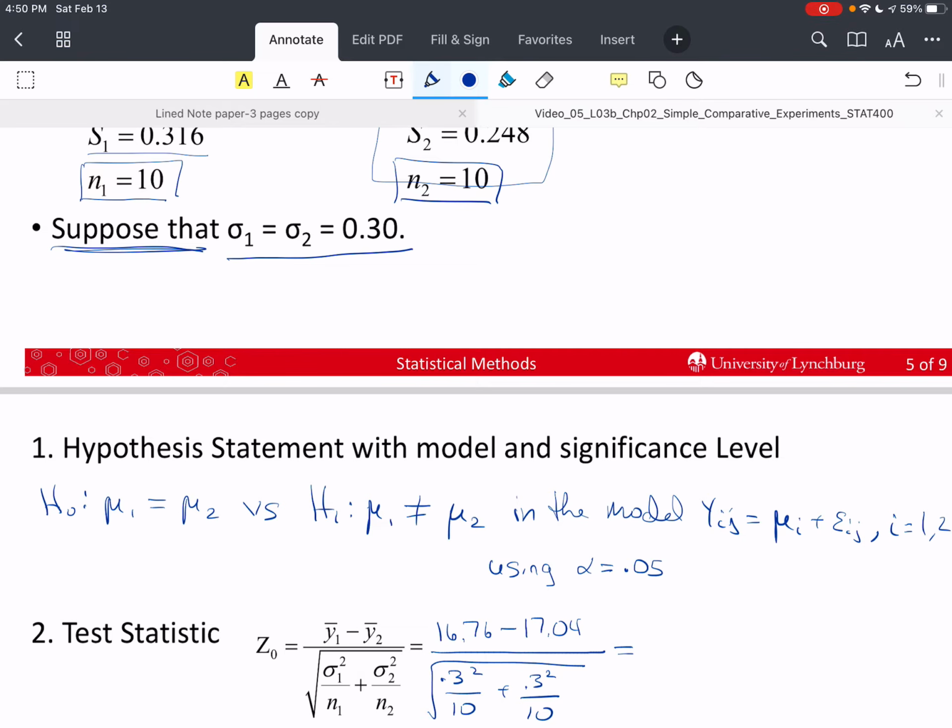Okay. So under these assumptions, this is how we would calculate it. So 16.76 minus 17.04 is negative 0.28 divided by the square root, and it's 2 times each of these, right? Because there's 2 of them.